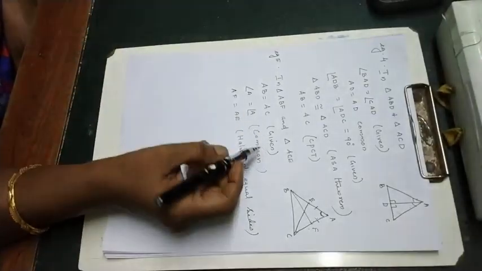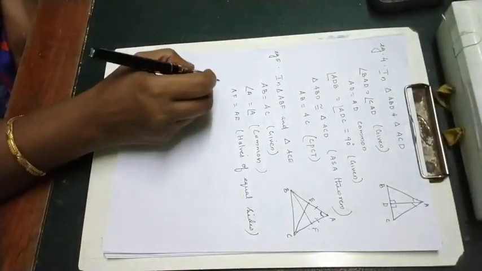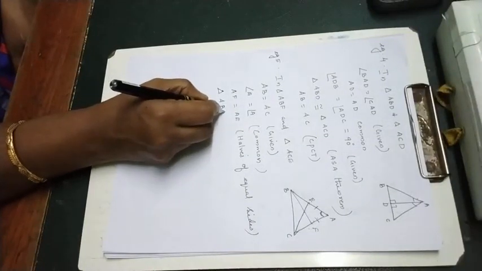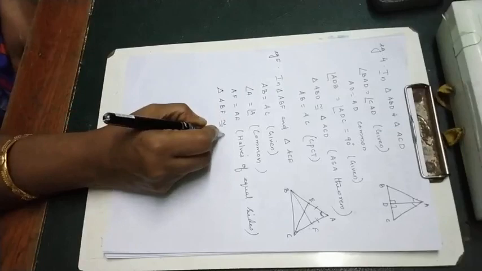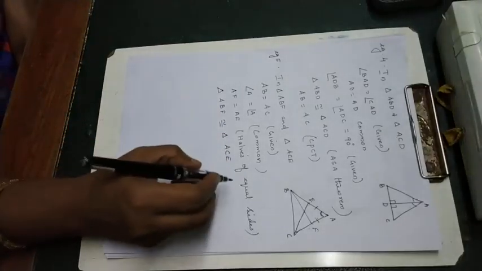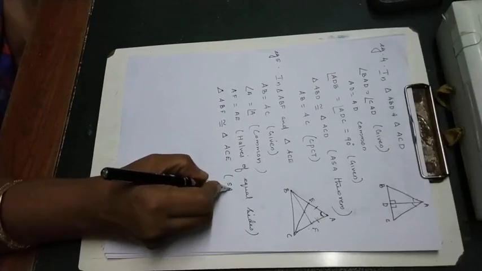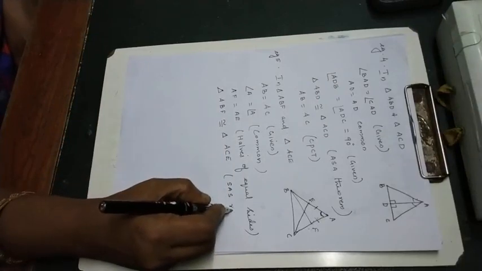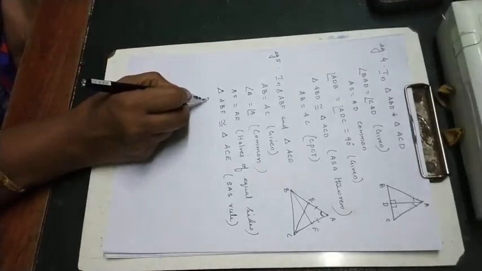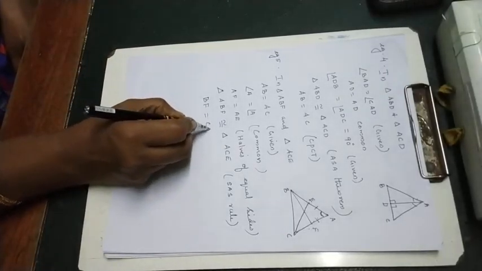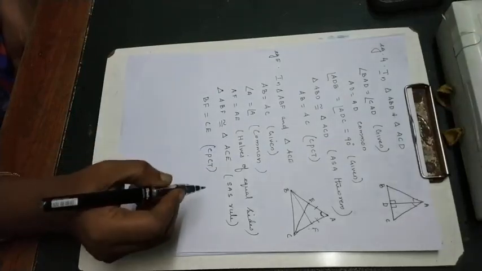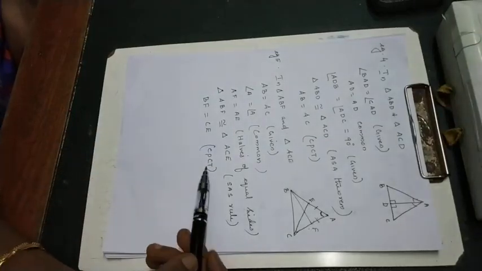So by SAS theorem these two triangles are congruent, that is triangle ABF is congruent to triangle ACE by SAS rule. So you can write BF will be equal to CE, CPCT, that is corresponding part of congruent triangles.